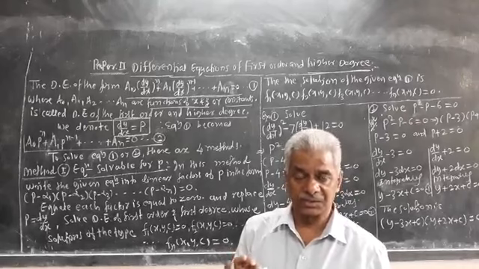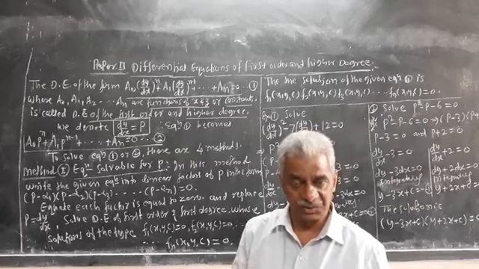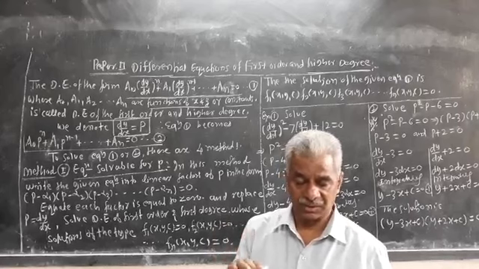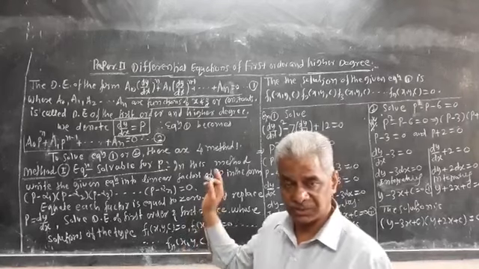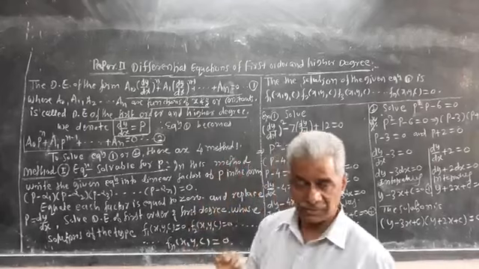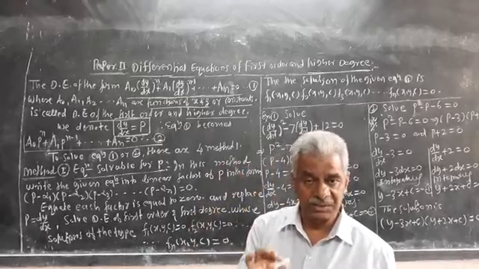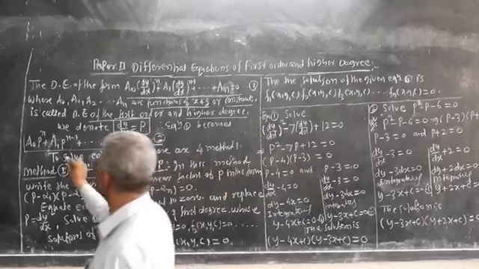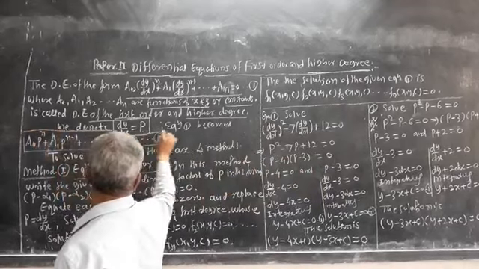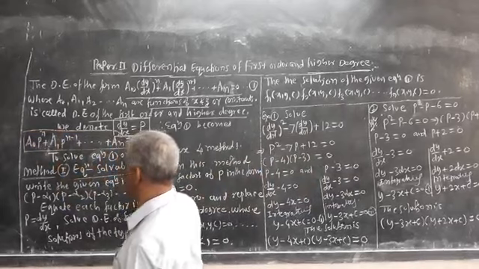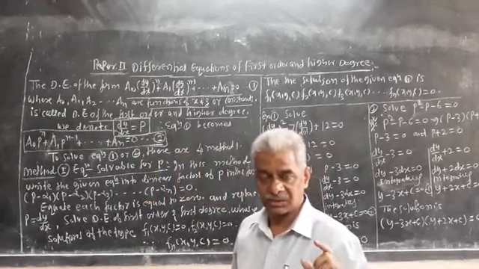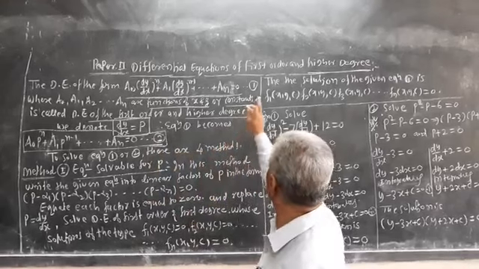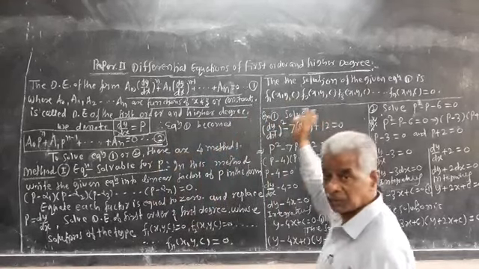If the equation involves dy by dx with a higher power, then it is of first order and higher degree. Those differential equations which involve p are always considered as differential equations of first order and higher degree.